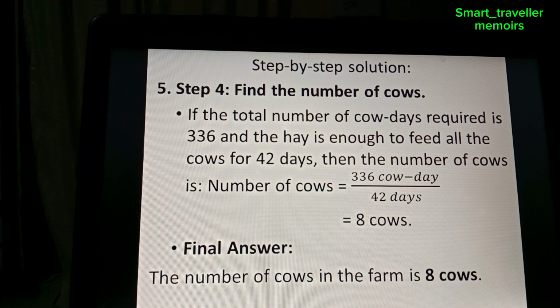The days and the days will cancel, and you have 8 cows. Final answer, the number of cows in the farm is 8 cows.